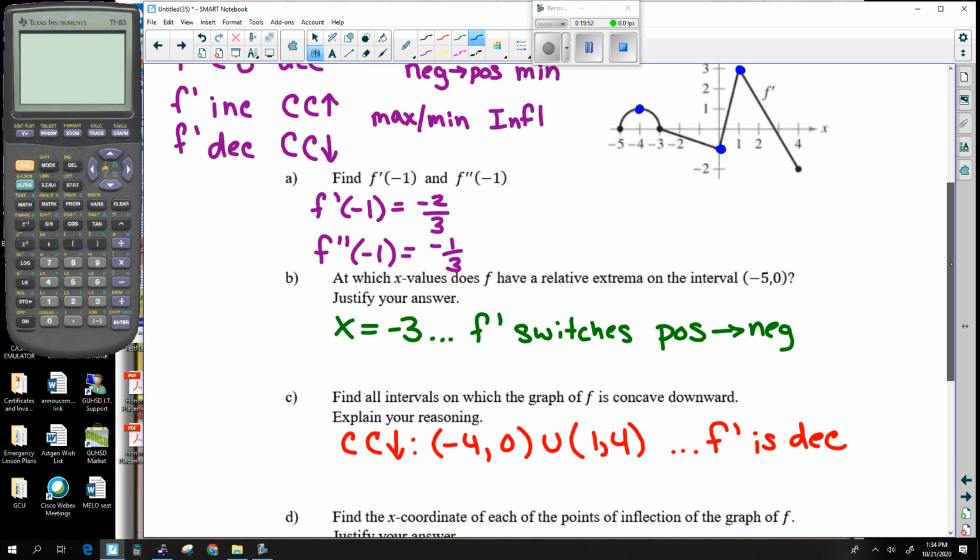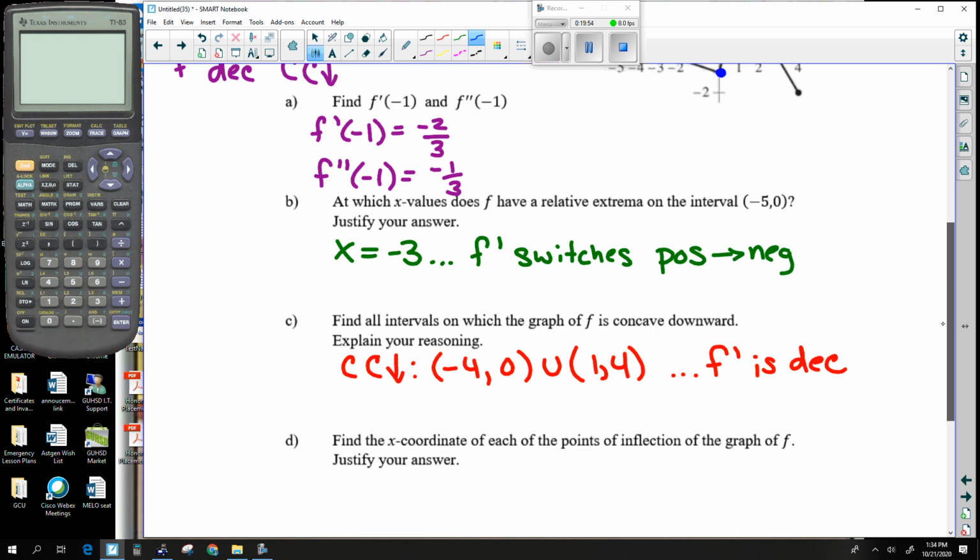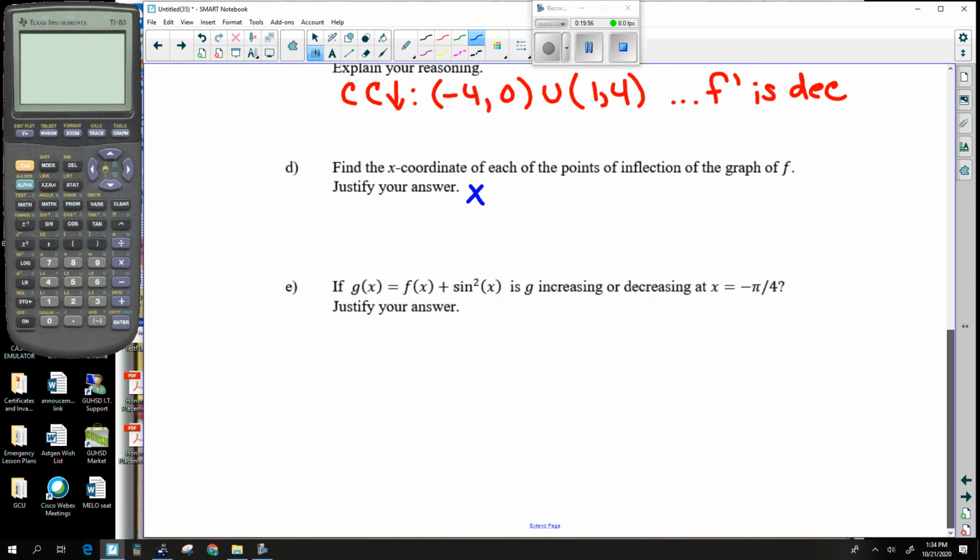So that's going to occur at -4, 0, and 1. All right, so that is where the derivative switches from increasing to decreasing or decreasing to increasing.